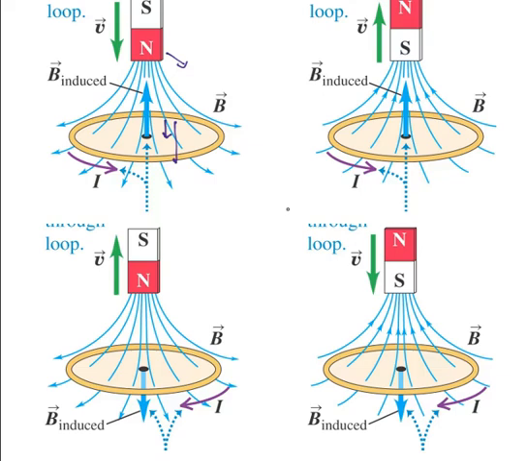So the induced current will try and fight the change. It will make its own magnetic field that is going up to fight the change. And the way you would make a magnetic field in the coil that's going up would be to have a current that's going around like that, right? Apply the right-hand rule, put your thumb in the direction of that current, and your fingers inside the loop would be pointing up.